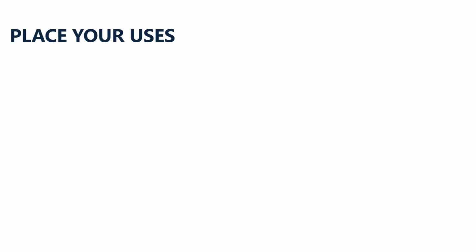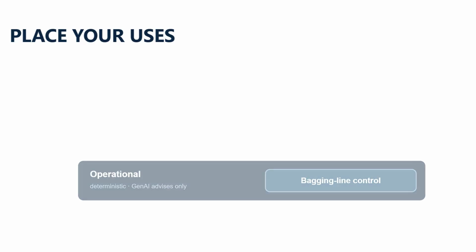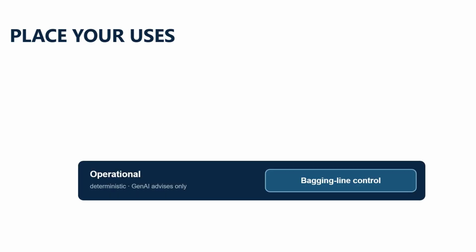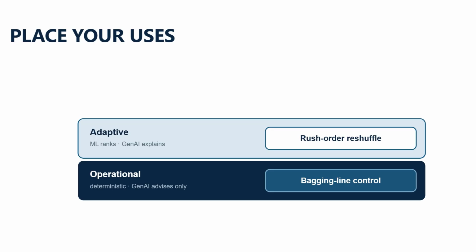Now, watch how fast it sorts real work. The bagging line control, that is operational. It must be exact and real-time, so it stays deterministic, and the assistant can advise the operator but never touches it. A rush order comes in and you need to reshuffle the line. That is adaptive.